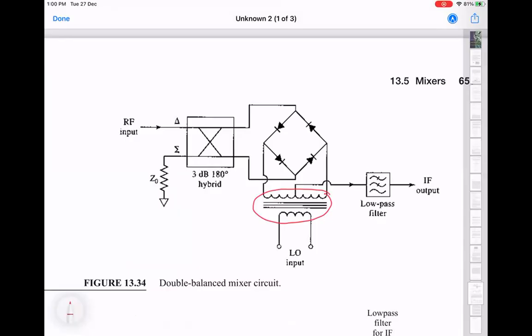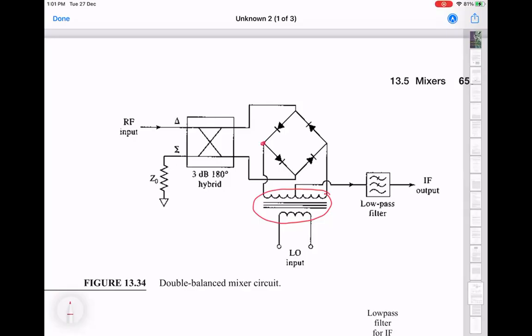Looks like this Wheatstone bridge kind of setup, right? So the LO is coupled, and then that biases all the diodes. So the LO is also the power source for this mixer. Basically, it is used to bias the system in the right nonlinear regime. And then the RF is exciting.